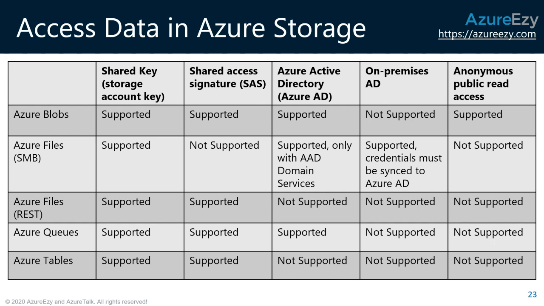Azure File REST is generally used for connecting our application to the Azure File service, and Azure File SMB is generally used for mounting to a Windows or Linux system over the SMB protocol. So you can use it for any storage service, whether Azure Blob, Azure File, Azure Queue, or Azure Table.